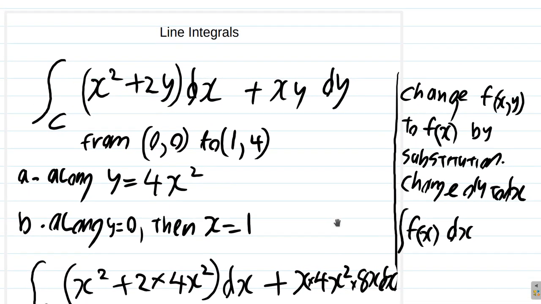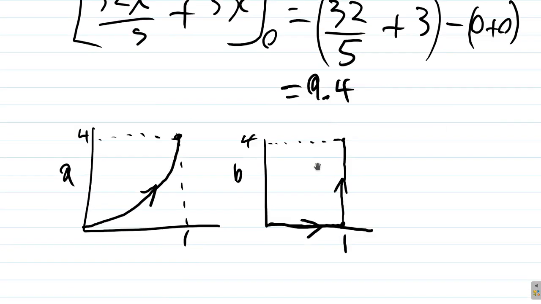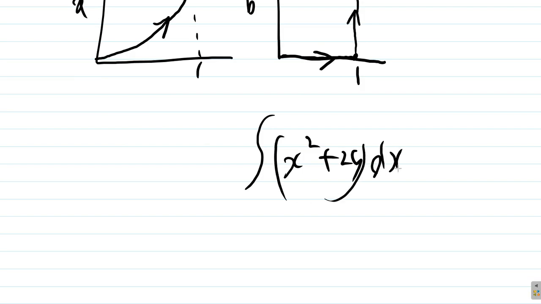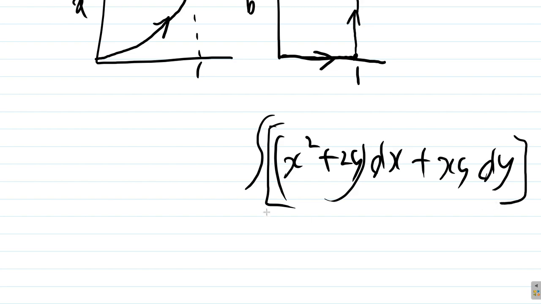Now, the function we have is the integral of (x squared plus 2y) dx plus xy dy, and we're integrating all of this along the curve.